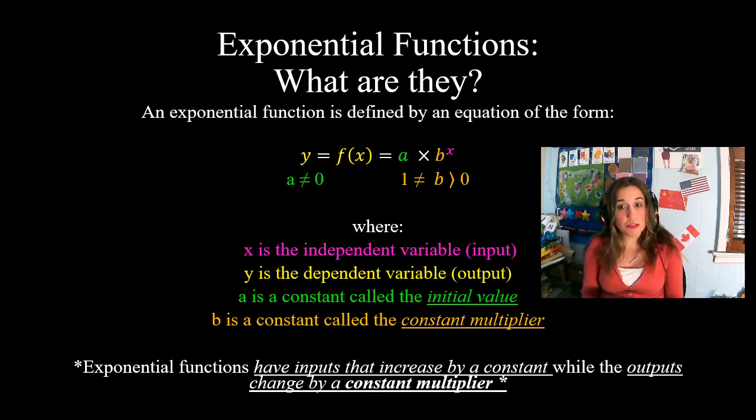With exponential functions, we no longer have a slope, or an m, a rate of change. We now have this thing called a constant multiplier, and we're no longer adding and subtracting. We are now multiplying, right? So they are a little different from lines, and they behave differently than lines as well. And we're about to take a peek at that.